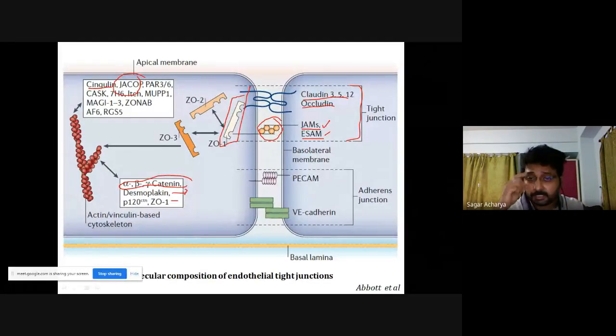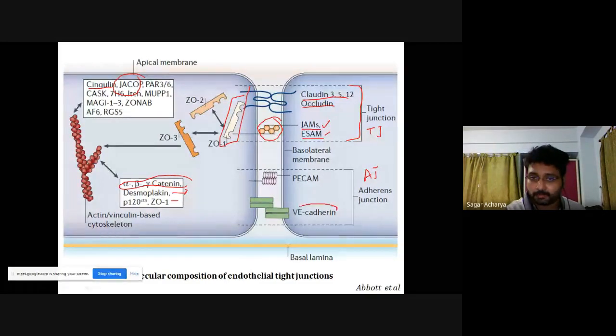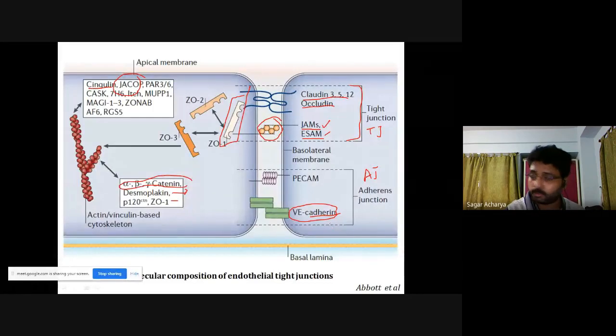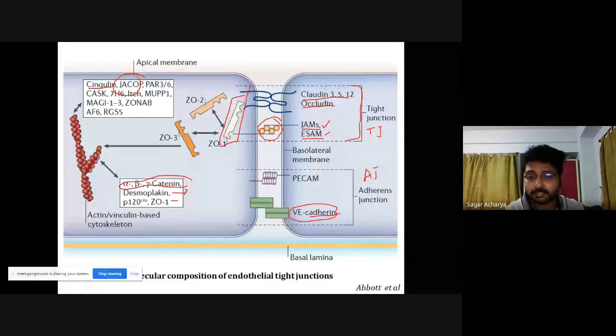And there are other adhesion junction proteins along with these tight junction proteins. This is called TJ and this is called AJ, adhesion junction and tight junction. For the adhesion junction, the major one is VE-cadherin, vascular endothelial cadherin. You are all aware of cadherin, integrin, laminin. Those link one cell to another, and there is PECAM, platelet endothelial cell adhesion molecule, which is directly linked with beta catenin.